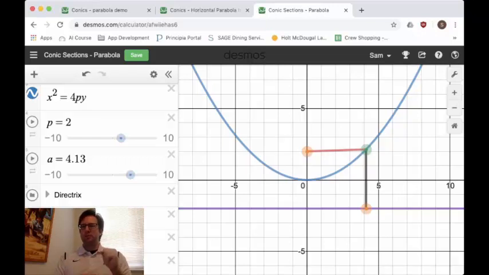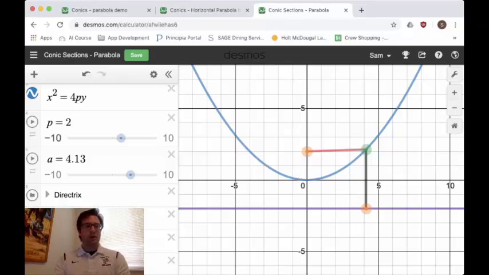The important thing about that value p, and I don't know why math textbooks use the letter p, but that's just what we use, is that once we know that value, if the vertex is at 0, 0, then we can very easily find the directrix and the focus.